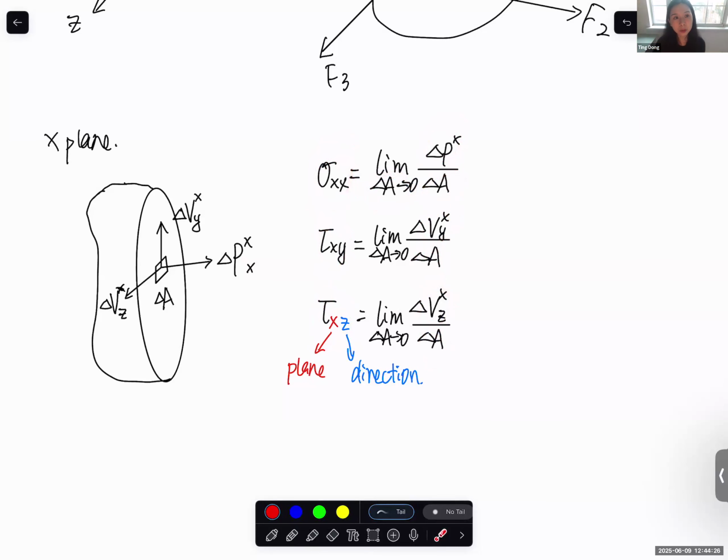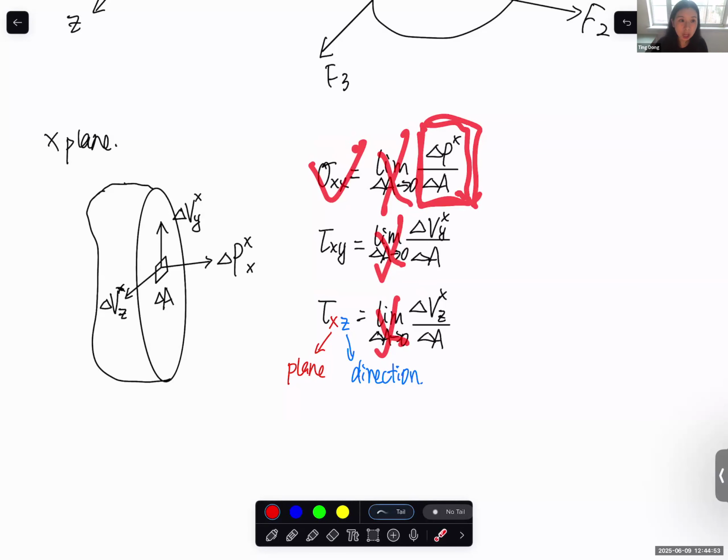In the previous section, we didn't have this part, so we were basically calculating the average stress on that area. Make sense or not?